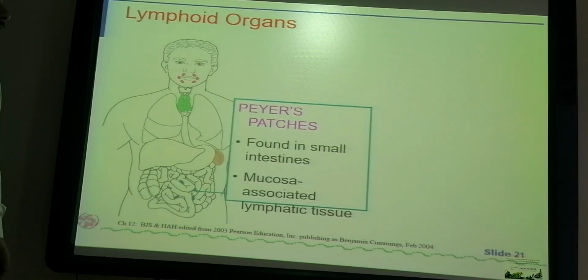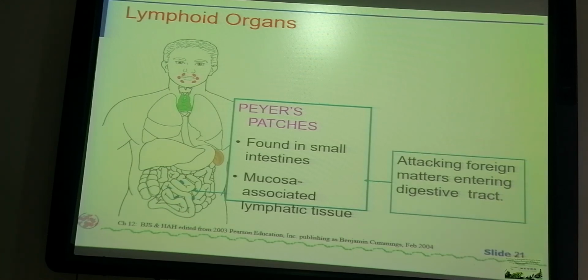The lymphatic organs also include the Peyer's patches. Peyer's patches are present around the intestine. They are found in the small intestine, in the mucosa-associated lymphatic tissues, and they fight and filter the fluid which is absorbed from the intestine of any pathogenic thing.